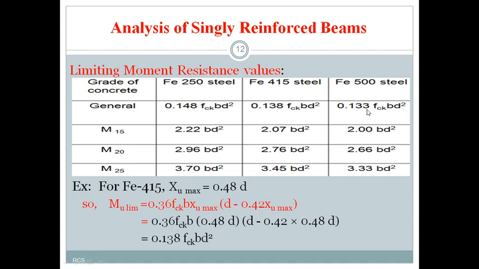If you want to calculate the limiting moment of resistance for a given cross-section of a beam, you substitute the cross-sectional dimensions and the grade of concrete, and you can calculate the limiting moment of resistance for a particular grade of concrete and a given grade of steel and given cross-sectional dimension of the beam. This will be very useful for your competitive examinations. These are the short formulas for calculating the limiting moment of resistance.